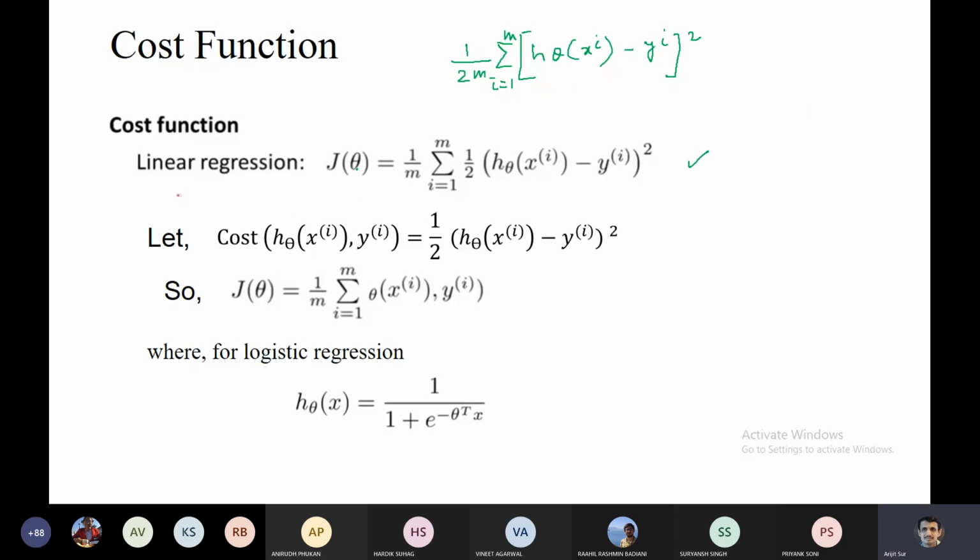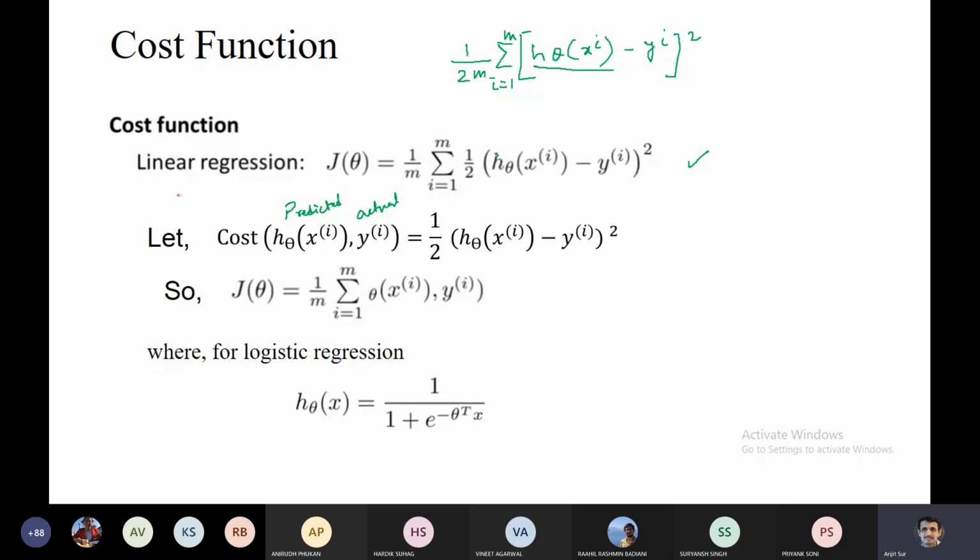We rewrite this statement in this way: cost of h theta of xi, yi. h theta of xi is your predicted value, and yi is the actual value. The difference between these two is squared, and since it is a single instance, we take 1 by 2.